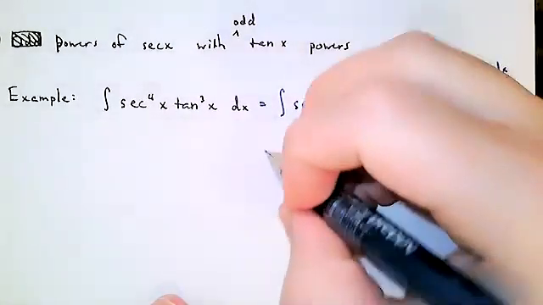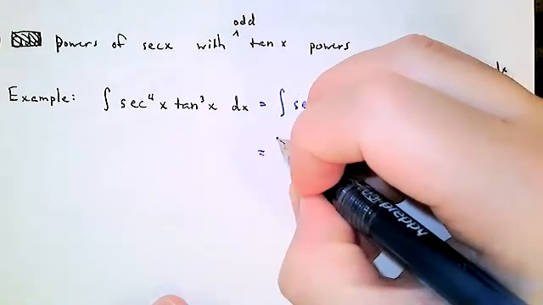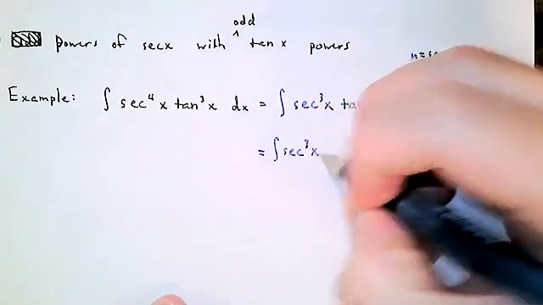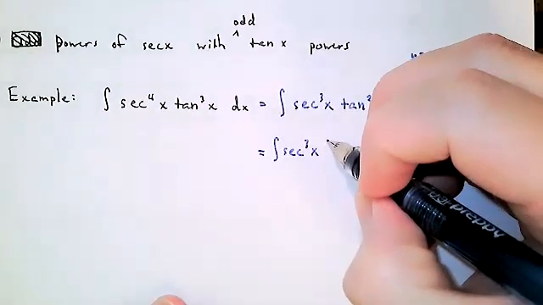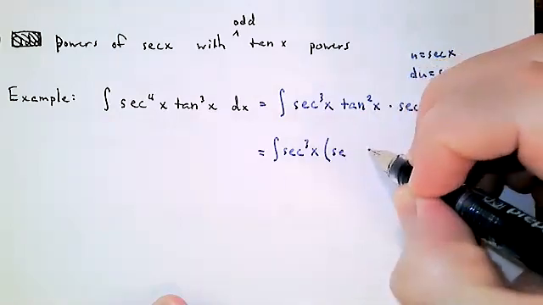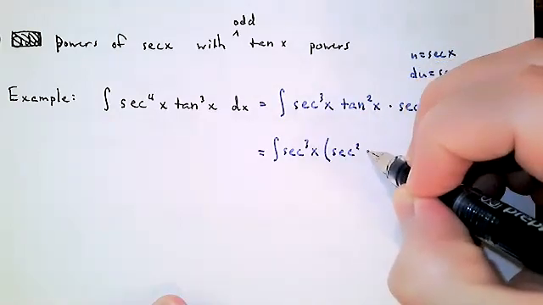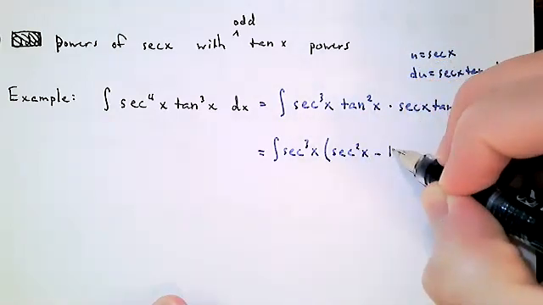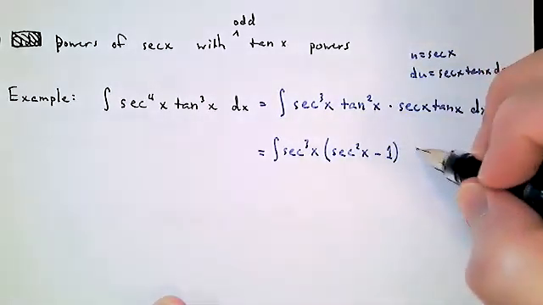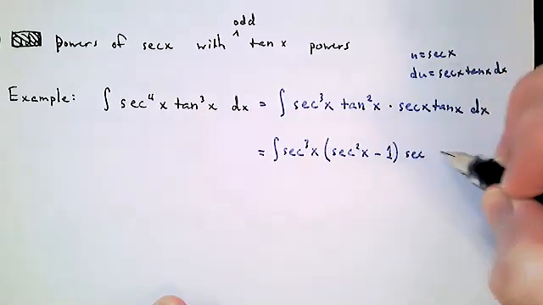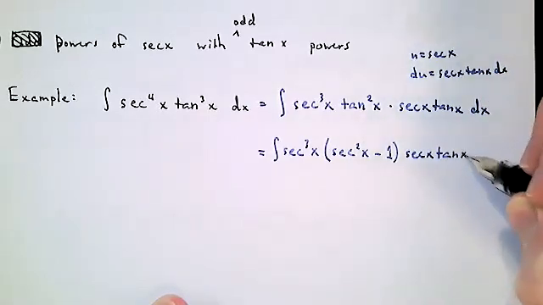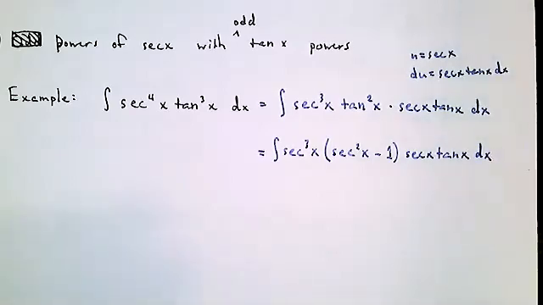Okay, so let me write that in. This power of secant we'll leave alone, and then the tangent squared becomes secant squared of x minus 1. And then we bring down this factor that's going to be our du in a minute, the secant times tangent.